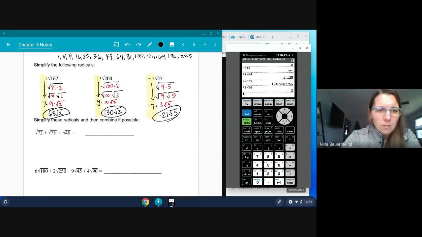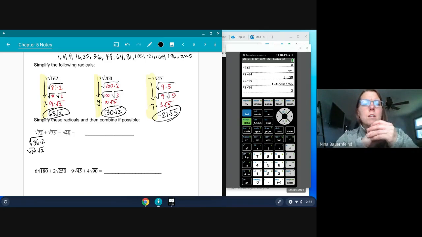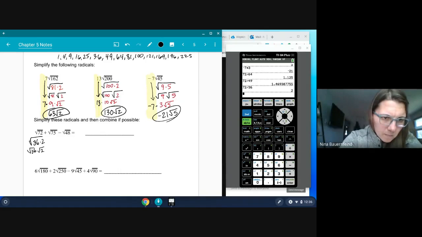So instead of 72, I'm just going to split this into 36 times 2. Root 36, root 2. What is the square root of 36? 6. Yep. So we got 6 root 2.